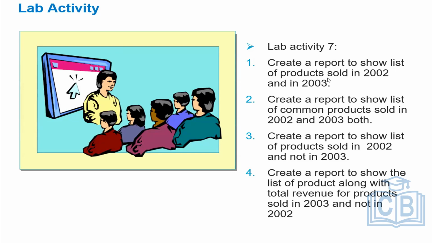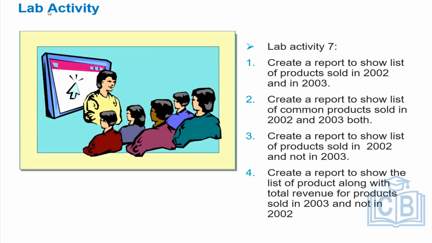If you read the first line, products sold in 2002 and in 2003, that means we can use union. But in the second, they are saying common products, which means we have to use intersection, with product name and year 2002.